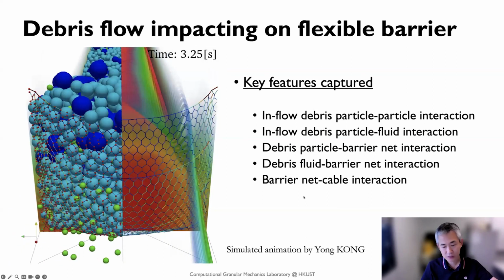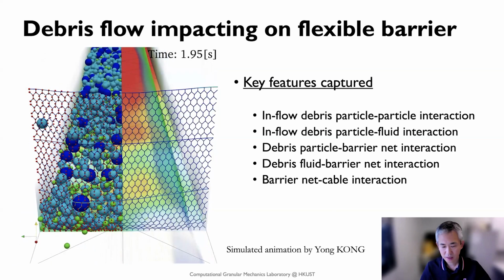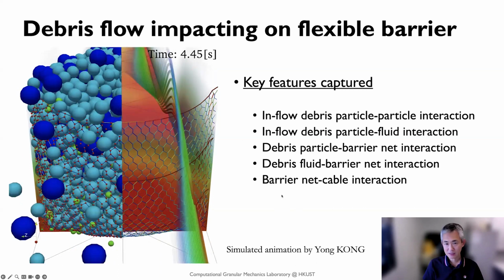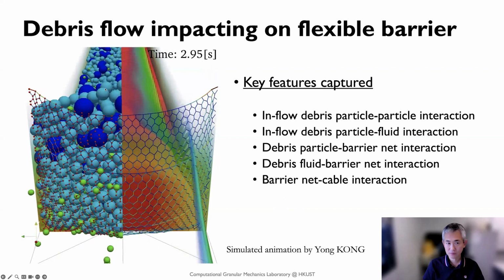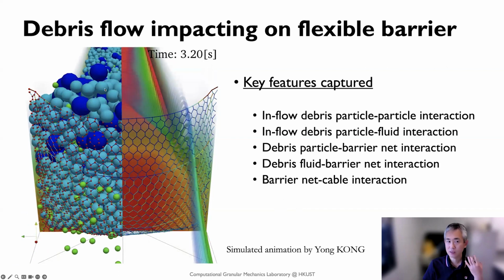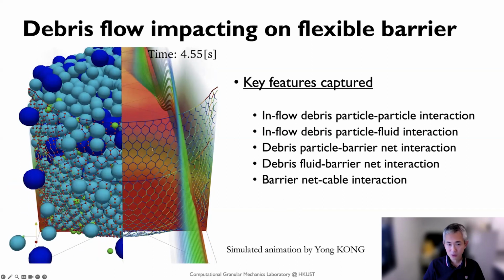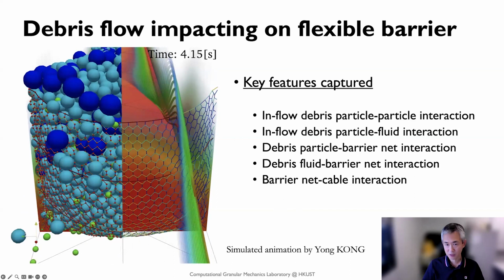The key features that we can capture from this simulation: the simulation can capture the inflow debris particle interaction. The particles can interact with each other, just like a dry particle system. Also, the particles and fluid interact with each other, as we consider CFD-DEM coupling.